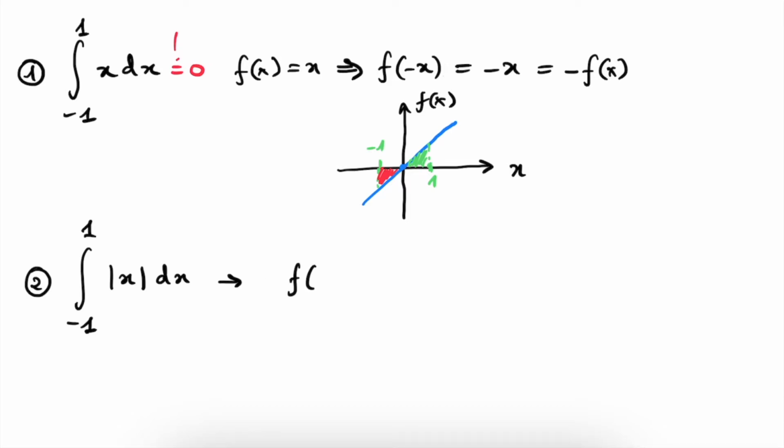And this is of course quite easily seen, because if we replace x with minus x, then we see that the absolute value simply negates this minus sign, and we simply get the absolute value of x, which is of course f of x. And we see that we do not have a minus sign in front of it, so this will not be an odd function. And in particular, this will be an even function, but that's something for another video. So this integral will certainly not be equal to 0. What it is exactly then, you can calculate with your favorite integration method.